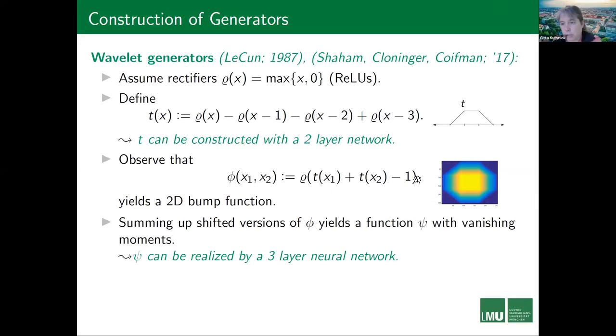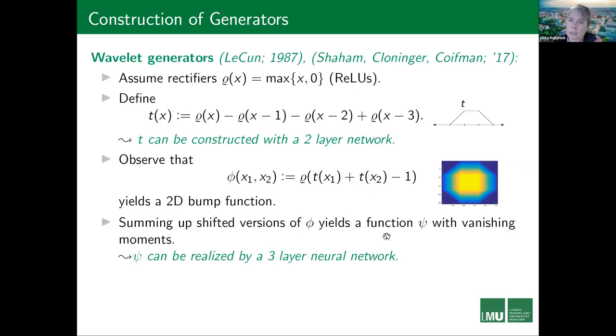This leads to bump functions of this type. And that way you can create useful elements, like for instance, researchers created wavelets that way in a certain manner, which I don't want to delve too much into.